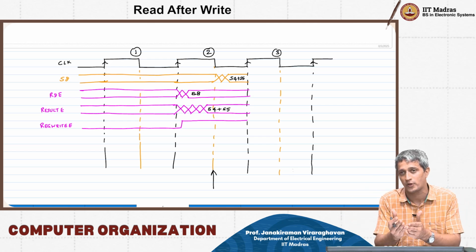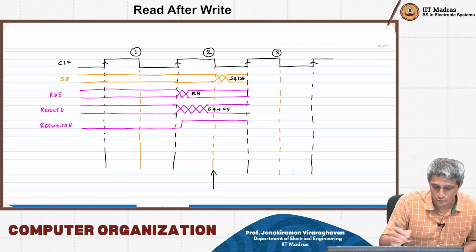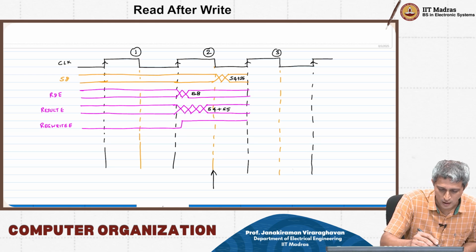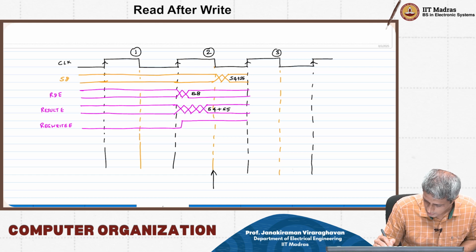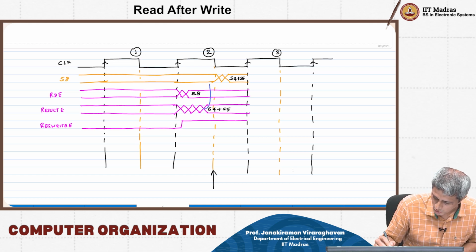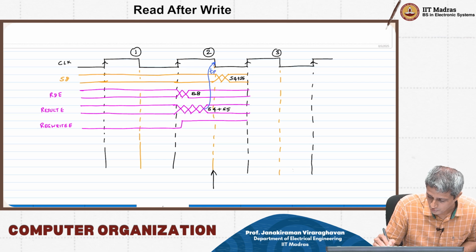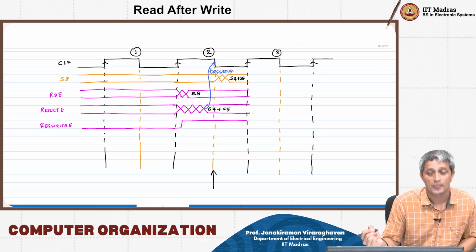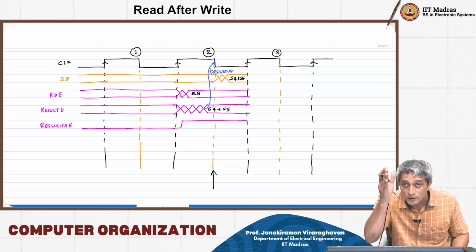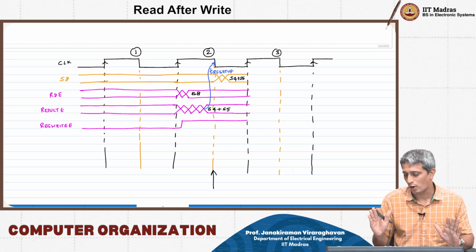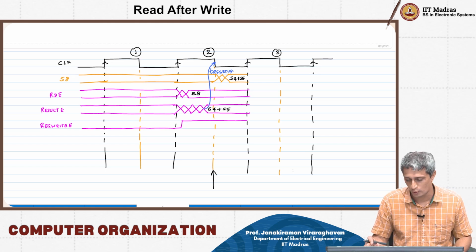So if you look at the result E delay here, the result E has to set up at least TRF before the falling edge, and that is going to be a problem. It's not going to be that easy for you.